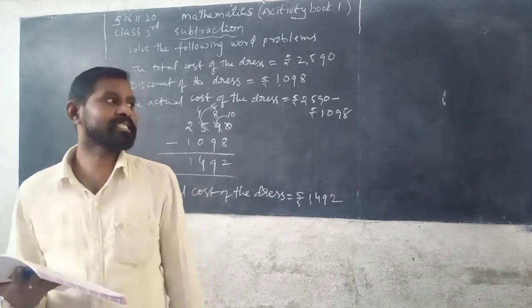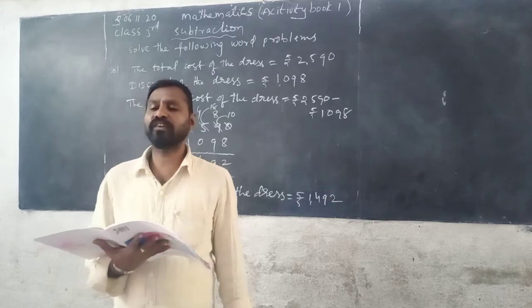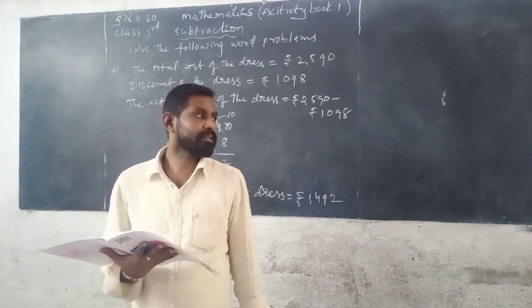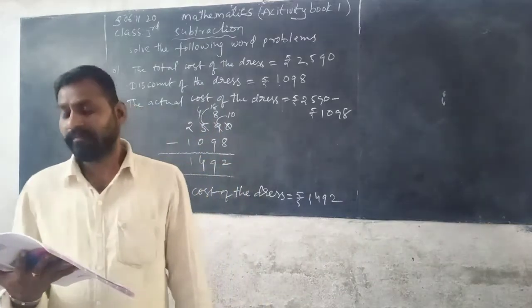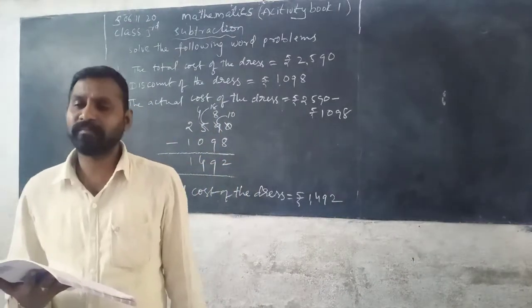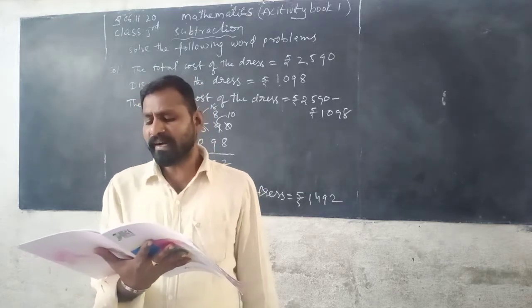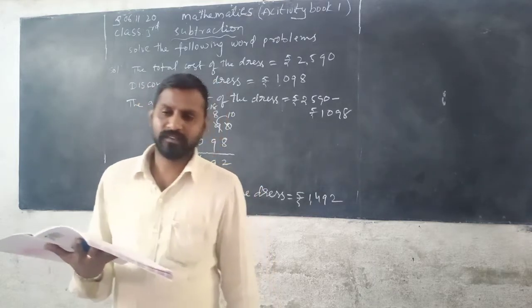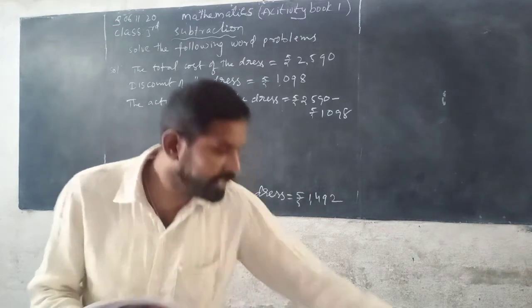Spent means that is the expenditure. She spent 1080 rupees in the month of February. She again saved 1140 rupees in the month of March. Then how much money does Leena have now? See, listen carefully.